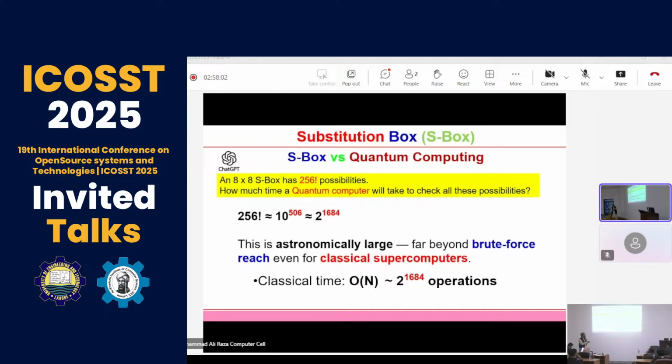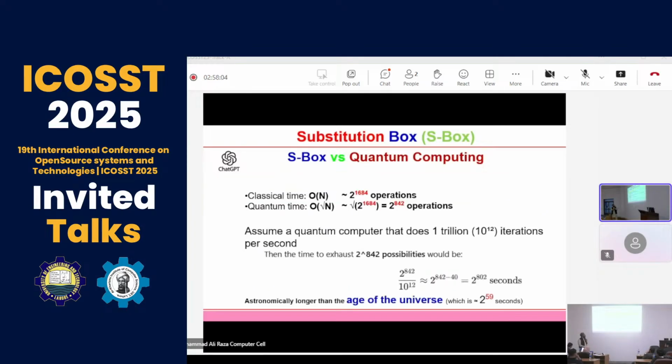What about the quantum computer? A quantum computer takes roughly the square root of the number of operations a classical computer needs.